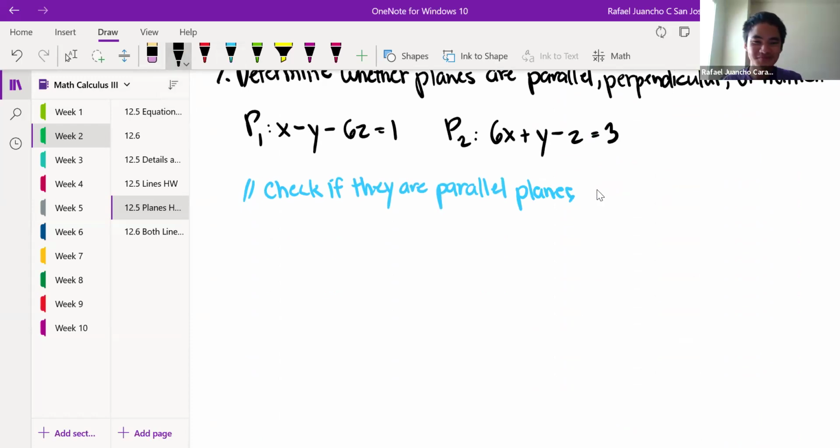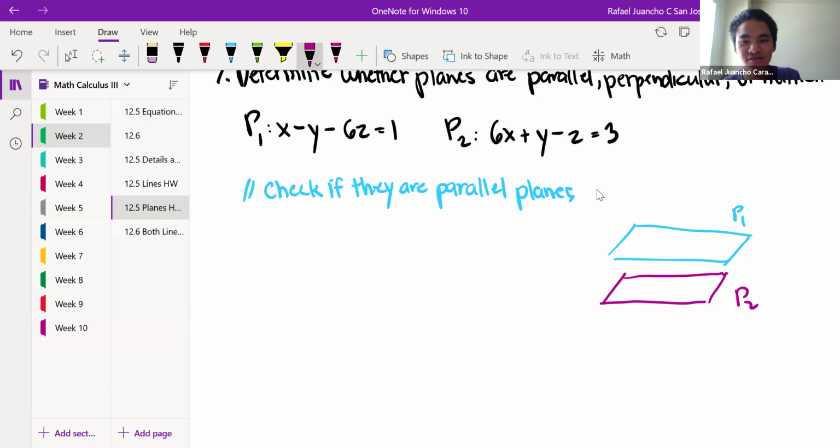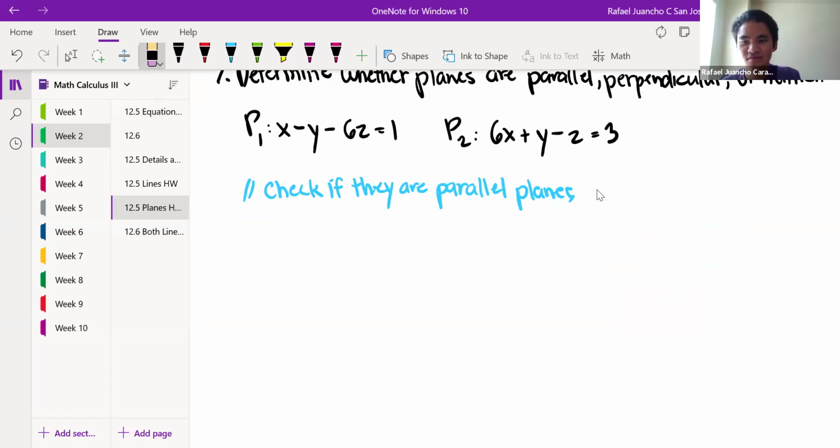So again, how do we look at that? Let's say this was P1, and then a parallel plane would be like that. That's P2, forgive my drawing. They're parallel if they have the same distance here. Basically, they're never intersecting, right? So how do we go about that?